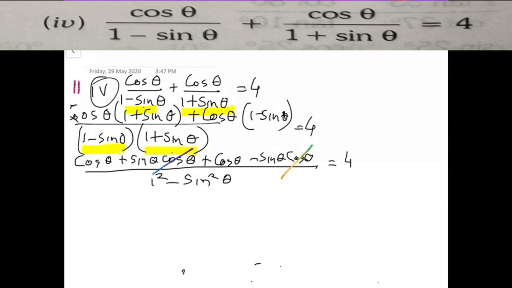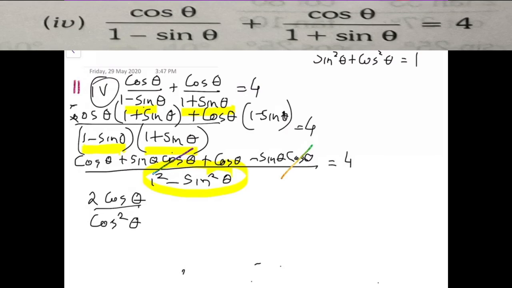Then on the upper side you have cos theta plus cos theta, so I can write 2 cos theta in the numerator, and on the lower side 1 minus sin square theta is cos square theta. Please understand that this is a formula. You have learned that sin square theta plus cos square theta is equal to 1.